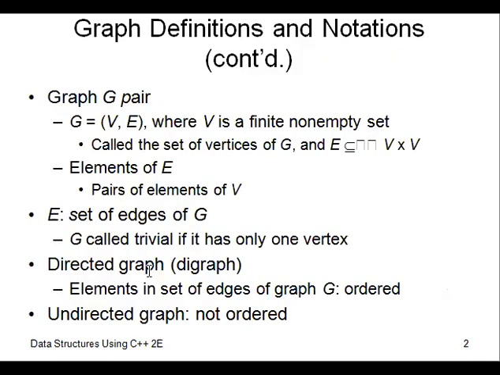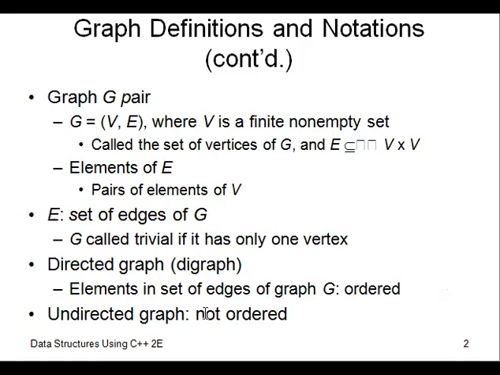Then a directed graph is one in which each edge is a directed pair of vertices. That is, an element in the set of edges of the graph is ordered. That is a directed graph. An undirected graph is one in which each pair of vertices in an edge is unordered.